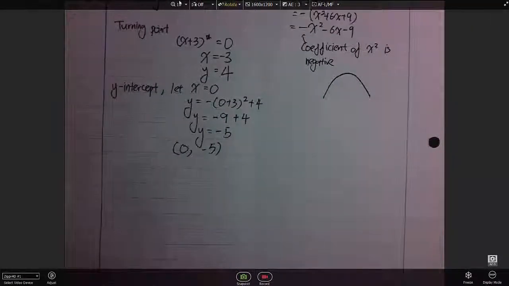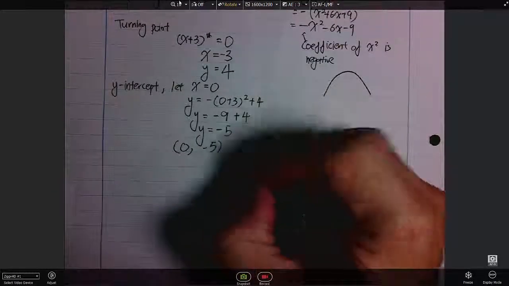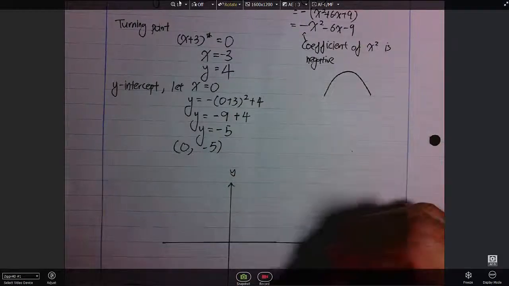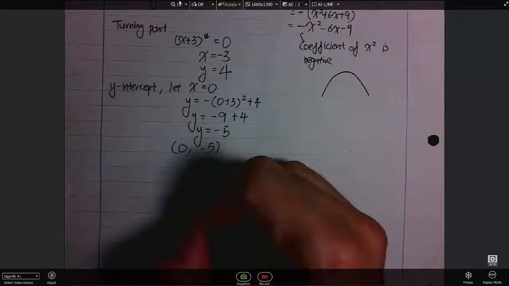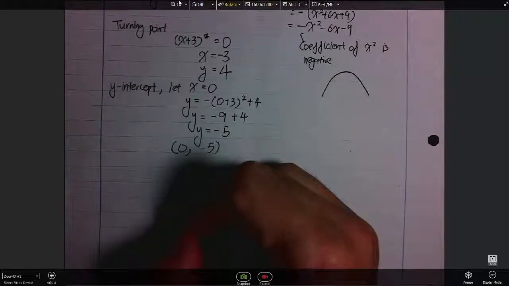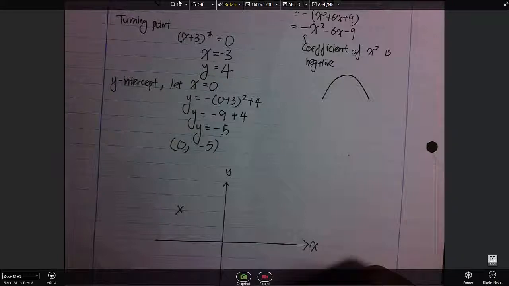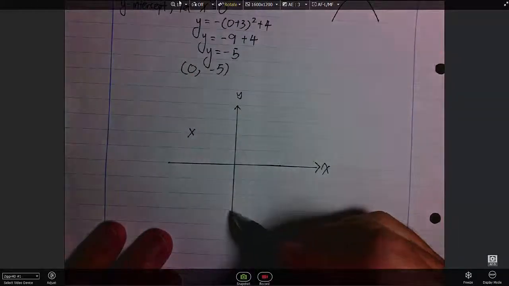So what we do first is draw the y-axis and the x-axis, and label everything. My turning point is negative 3 and 4, so x is negative 3, y is 4. My turning point should be somewhere here. My y-intercept, negative 5, should be somewhere here.